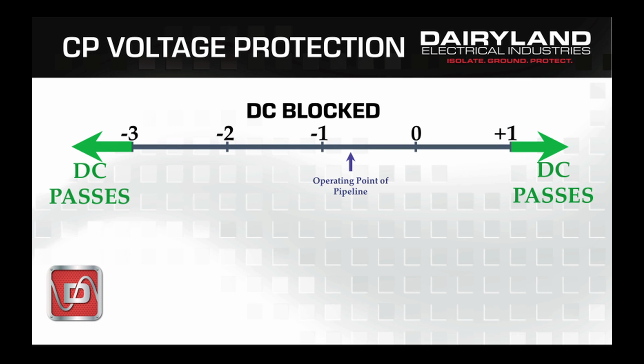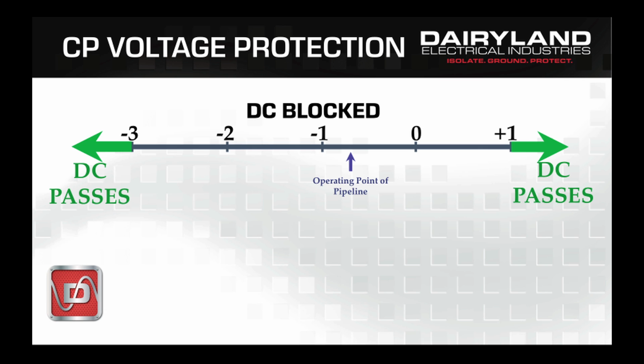Let's talk just a bit about the theory of DC voltage blocking. This is a diagram that shows the voltage across the decoupler terminals. It is simply a graph with a negative voltage to the left and a positive voltage to the right. The goal of pipeline operators is to polarize pipes negatively enough to meet the industry criteria, which we won't be going over here.